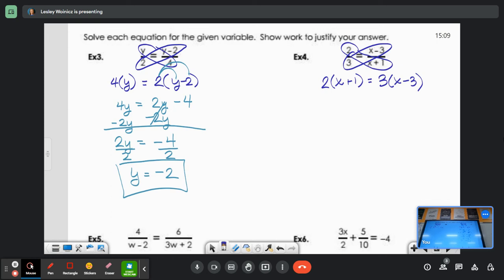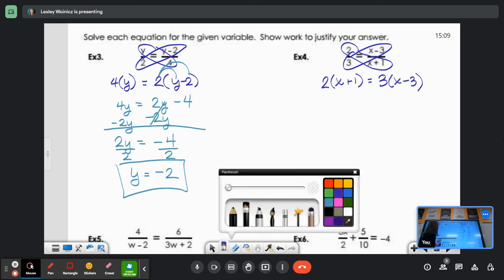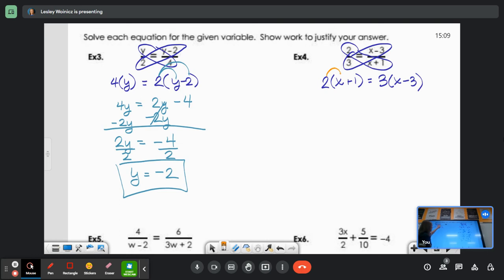I just want you to have it to look at. We're on the other one now. Do this one. Okay, so distributing, I get 2x plus 2 equals 3x minus 9. Okay, I need all of my x's on one side. So I'm going to subtract 3x, subtract 3x.